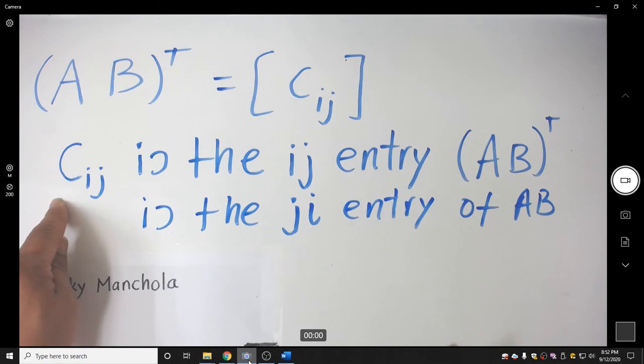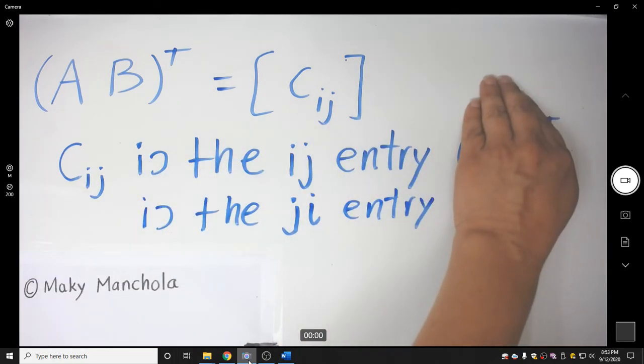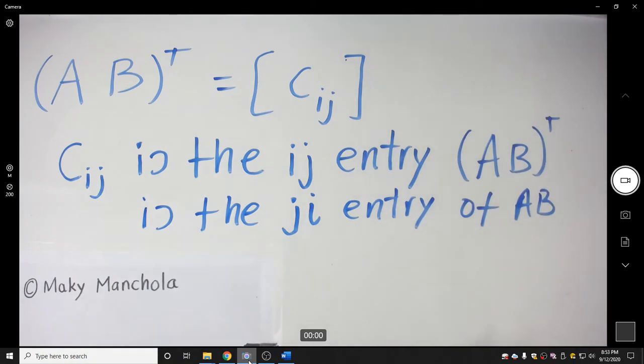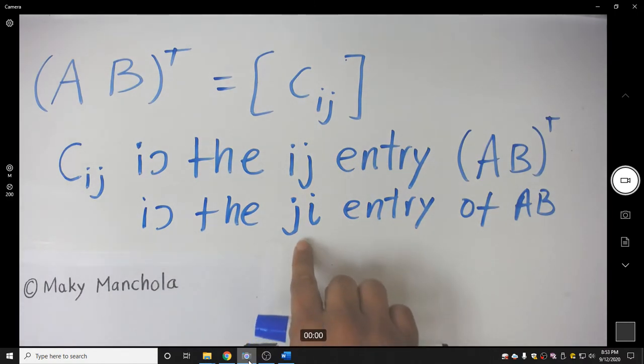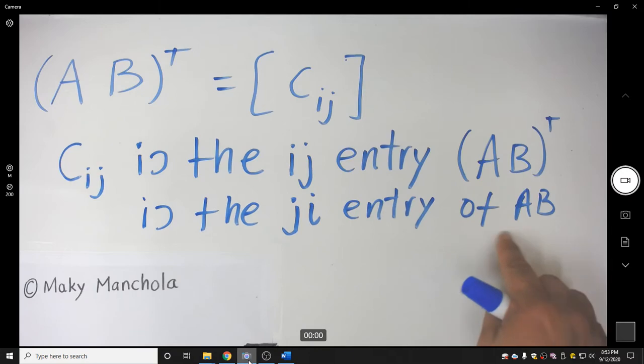The ij entry of the transpose is the ji entry of the matrix you transpose. Okay, so what is that? The ji entry of AB.